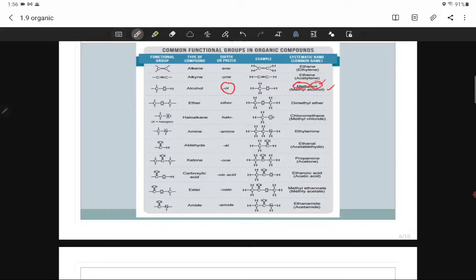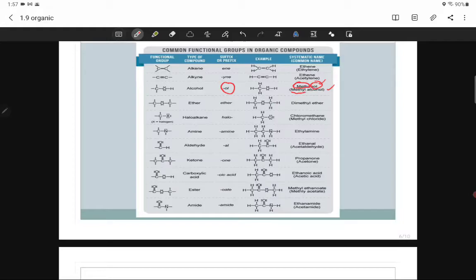Wait a minute, Mr. McNally, isn't it methol? It should be, but that doesn't sound right. So people use this connector between the prefix and suffix: methanol. If you said it the other way, that's also acceptable, because organic chemists out there understand what the molecule is. If you say methyl, that's the group, and then alcohol.